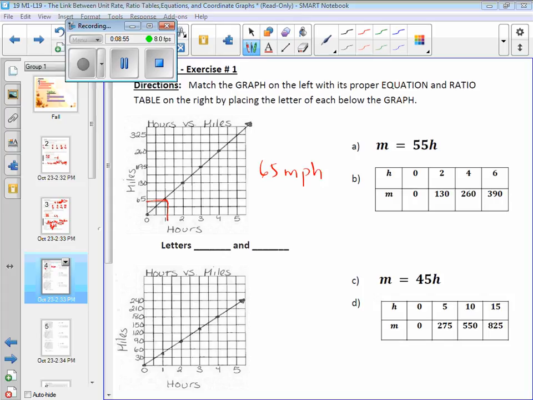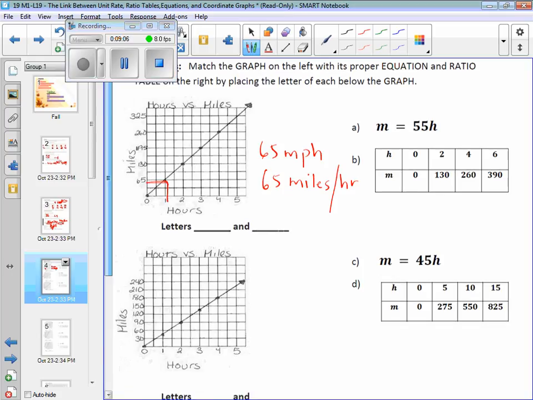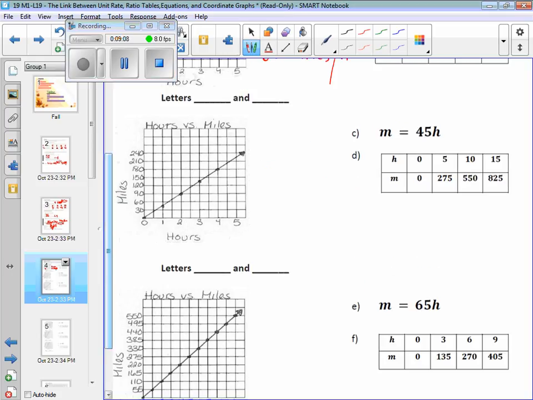You're all familiar with MPH as miles per hour? The other way you'll see it, get used to that slash as well. Okay, look at the second one. At 1 hour, you have a dot that's in between 30 and 60, right? Don't try to guess, because whoever wrote this as a sample, if it's not exactly where it needs to be and you're trying to guess, it's not a good idea.